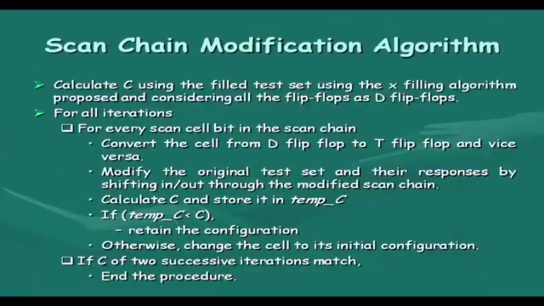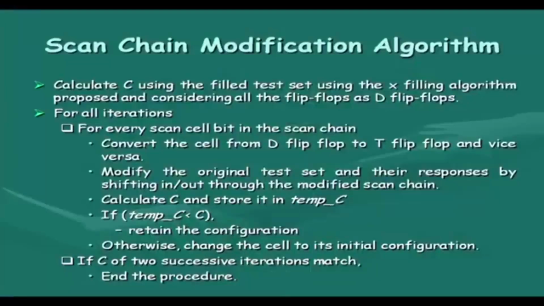Those recomputed values are stored in temp C, and if temp C is better than C, so criticality has improved, then we retain the configuration. So this particular flip from D to T is accepted, otherwise we go back to the original configuration, so the conversion to T flip flop is nullified and it goes back to the D flip flop.